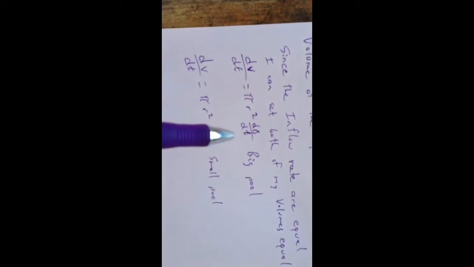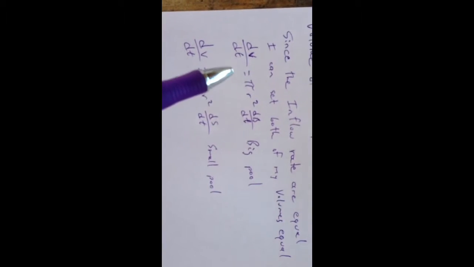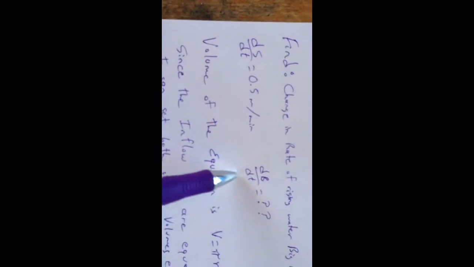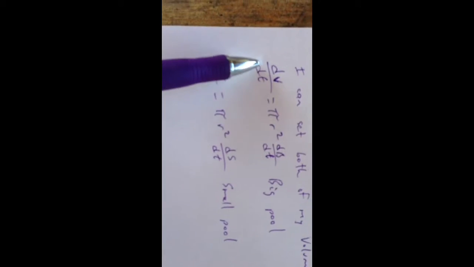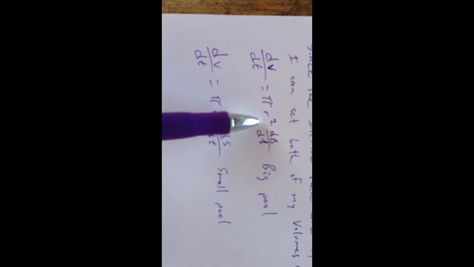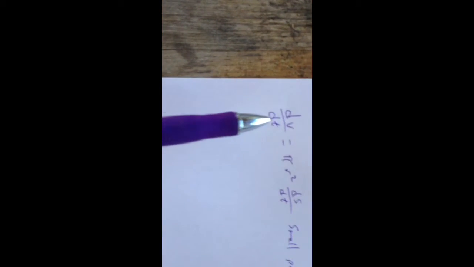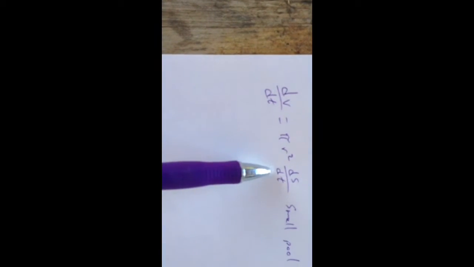So we're gonna start by putting both of the equations equal to each other, since they told us that the inflow rates are equal. So I can say both of the volumes are equal to each other and solve for dv dt. So here are my two equations of the volume: dv dt equals pi r squared db dt for the big pool, and dv dt equals pi r squared ds dt for the small pool.